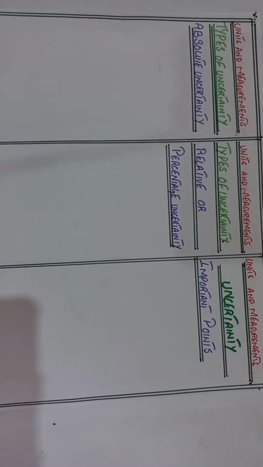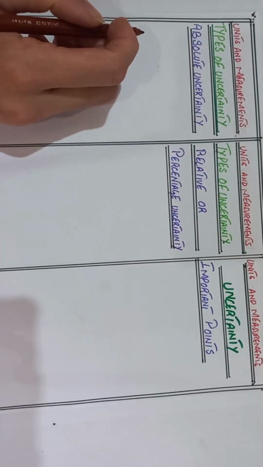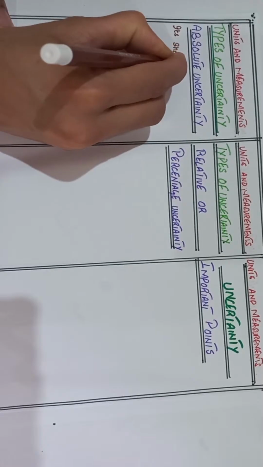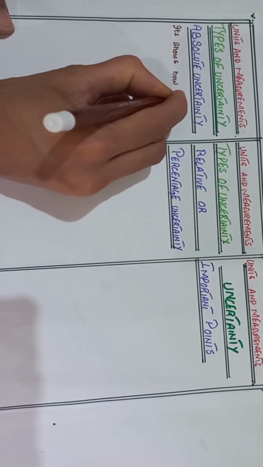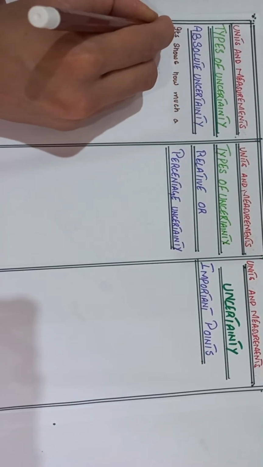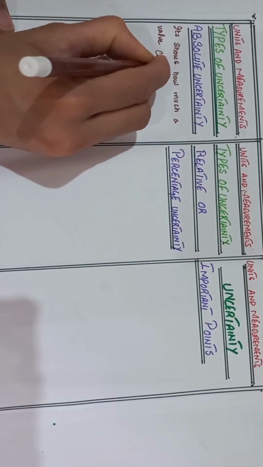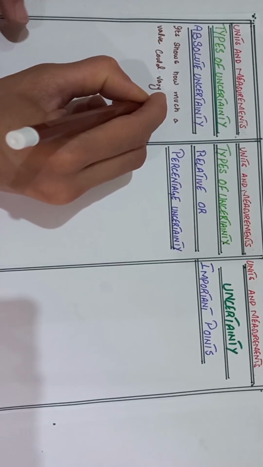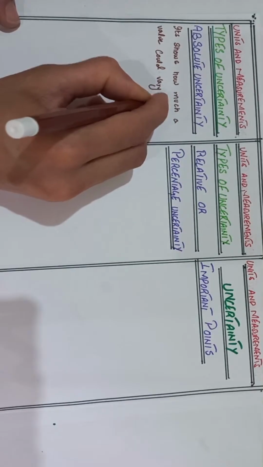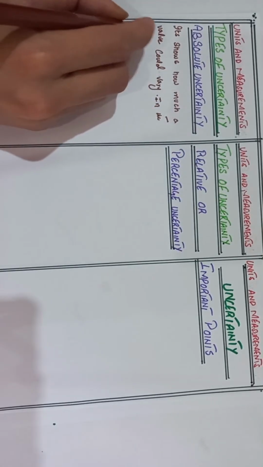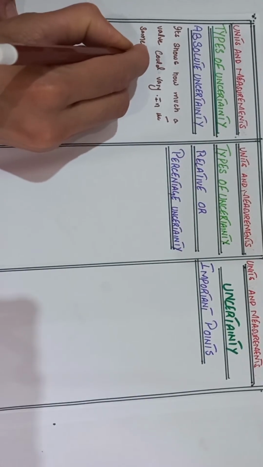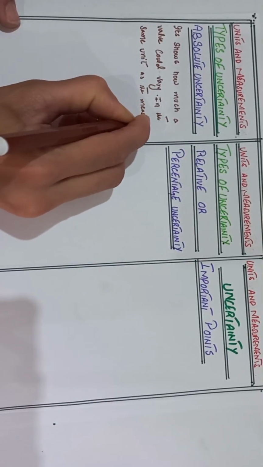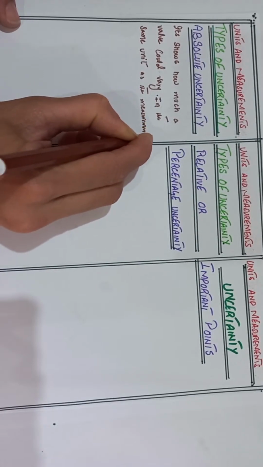So here we write that absolute uncertainty shows how much a value could vary in the same unit as the measurements.